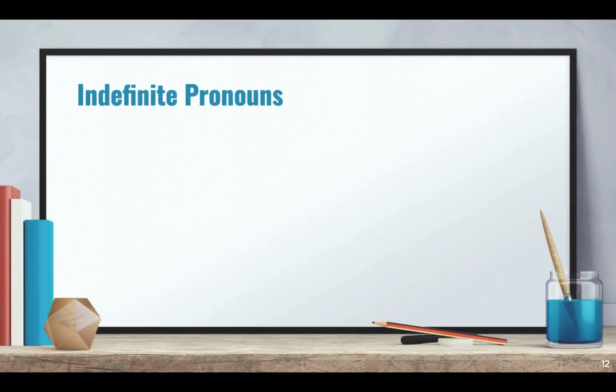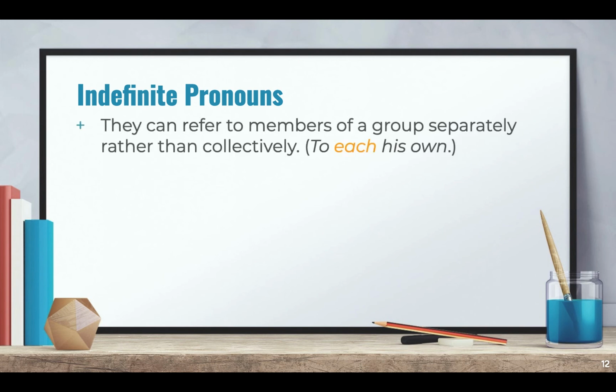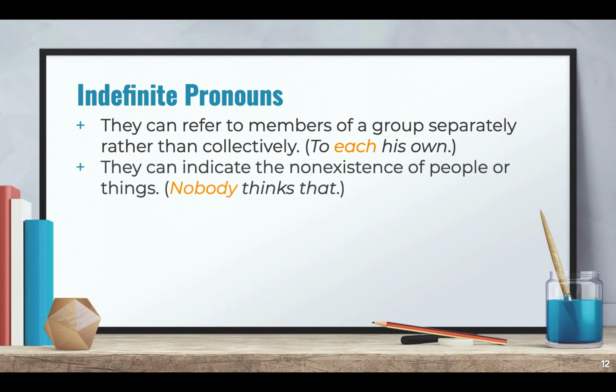Indefinite pronouns, the largest group of pronouns, refer to one or more unspecified persons or things. For example, anyone can do that. These pronouns can be used in several ways. They can refer to members of a group separately rather than collectively. For example, to each his own. Or they can indicate the non-existence of people or things.